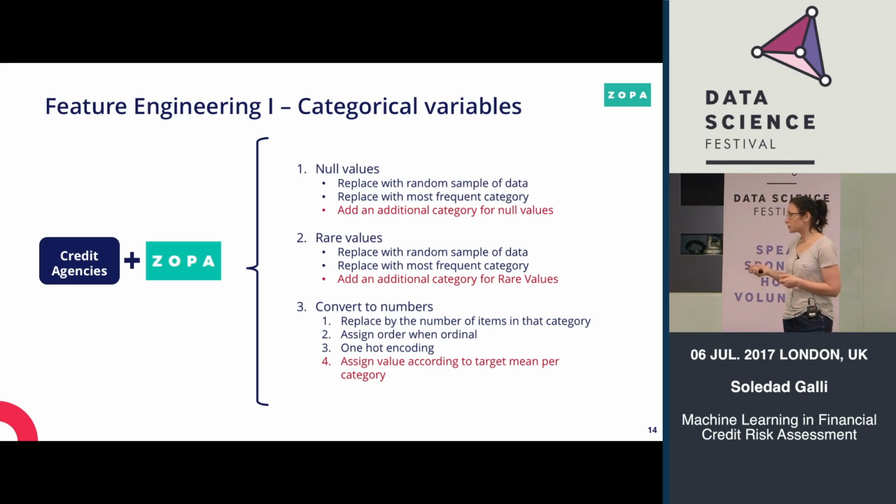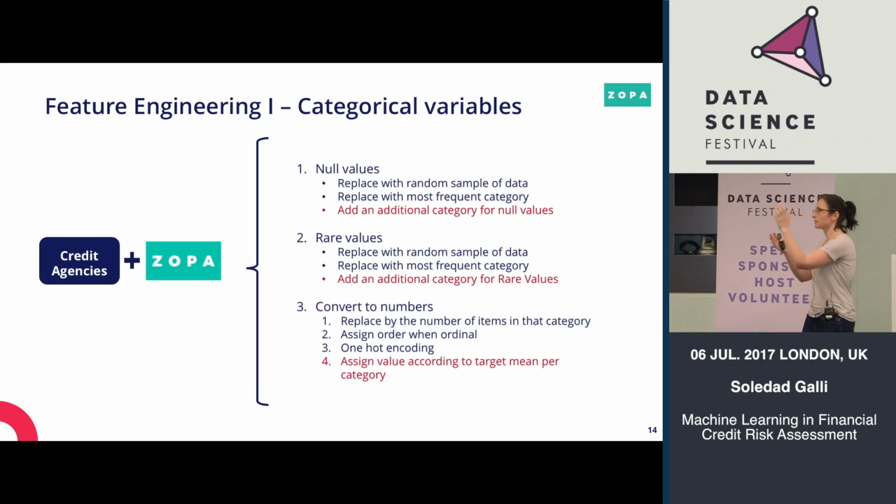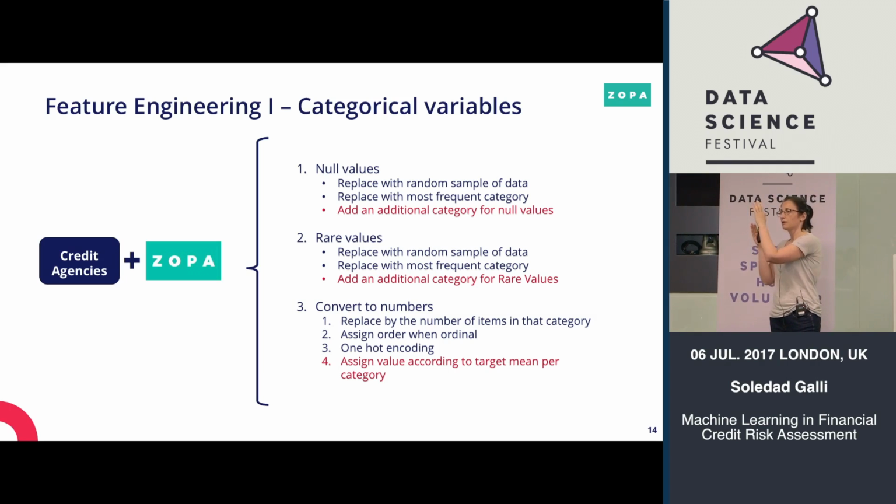And what we do at Zopa now is none of this. What we do is we assign a value according to the target mean per category. Going back to the postcode or city example, I look at my category London, and then I look at my target. What percentage of the customers that come from London are in a good financial situation? 80%.